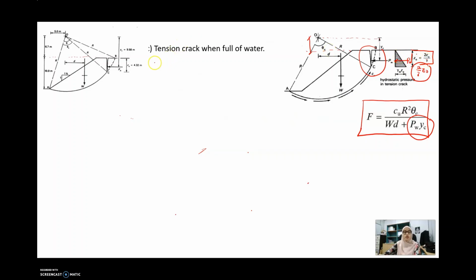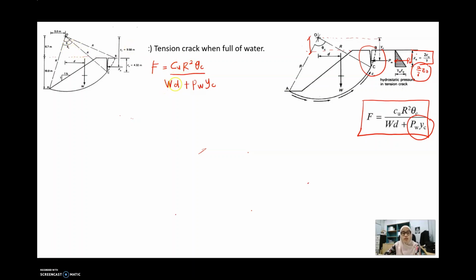Okay, so now we try to solve the factor of safety when in the condition of tension crack, when full of water. Factor of safety is equal to Cu times 2R square theta C over WD plus PWYC. In this equation, semua value adalah diberikan. Cu, R, theta C, gunakan R yang sama, Cu yang sama, theta C yang sama.